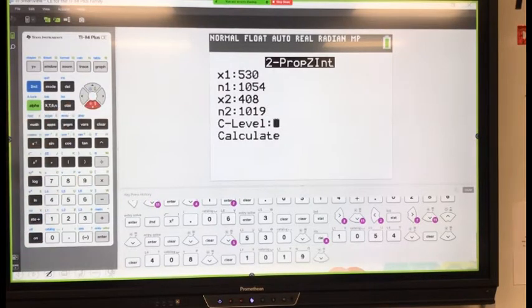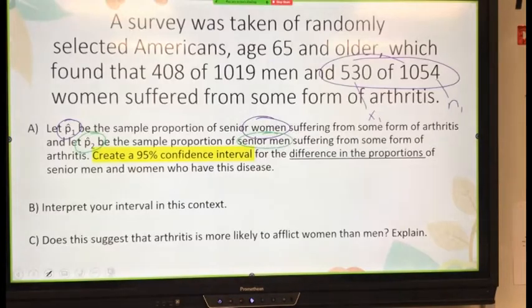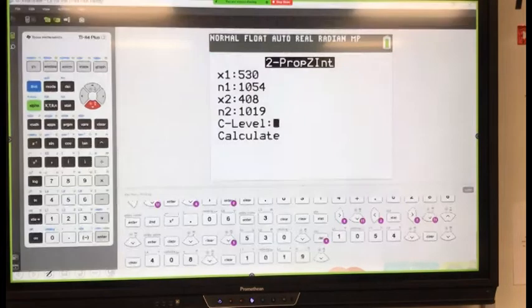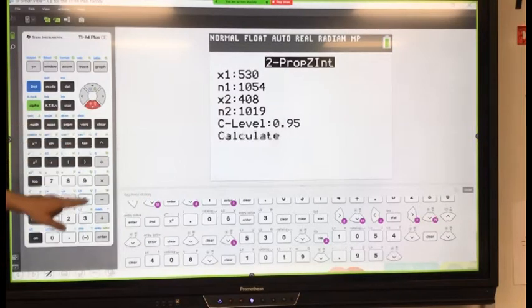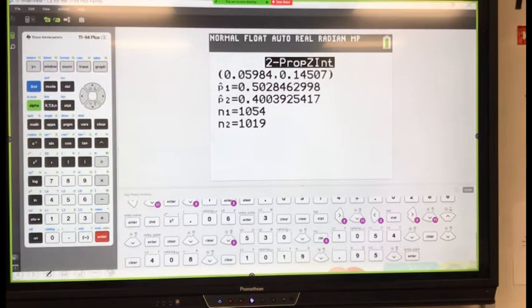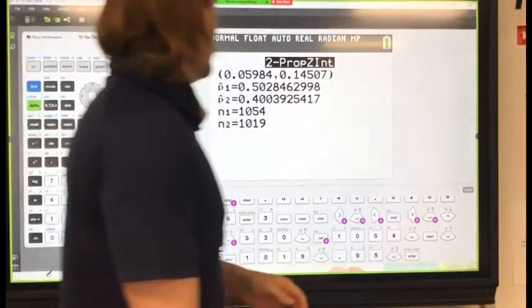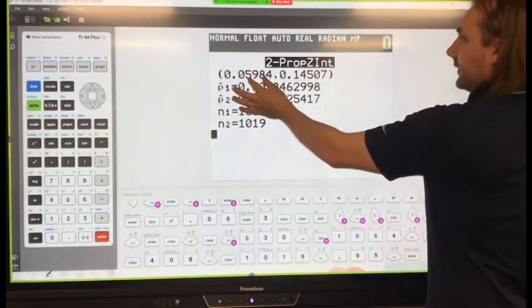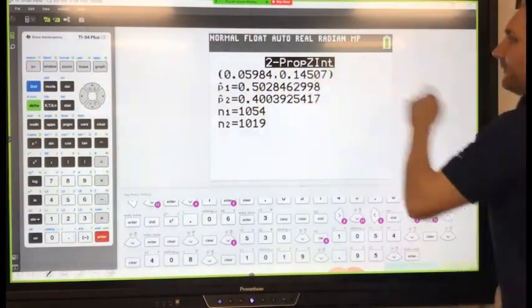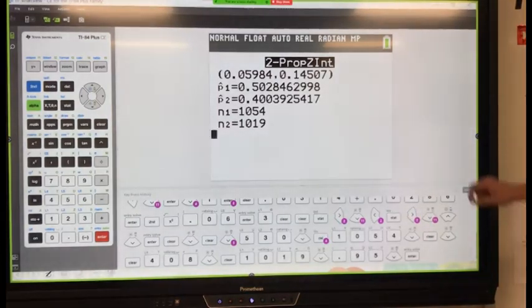I want to see a confidence interval for what? 95%. So what do I put here? 0.95. Very good. And calculate. So there we go. My interval is roughly between 6% and 14.5%.